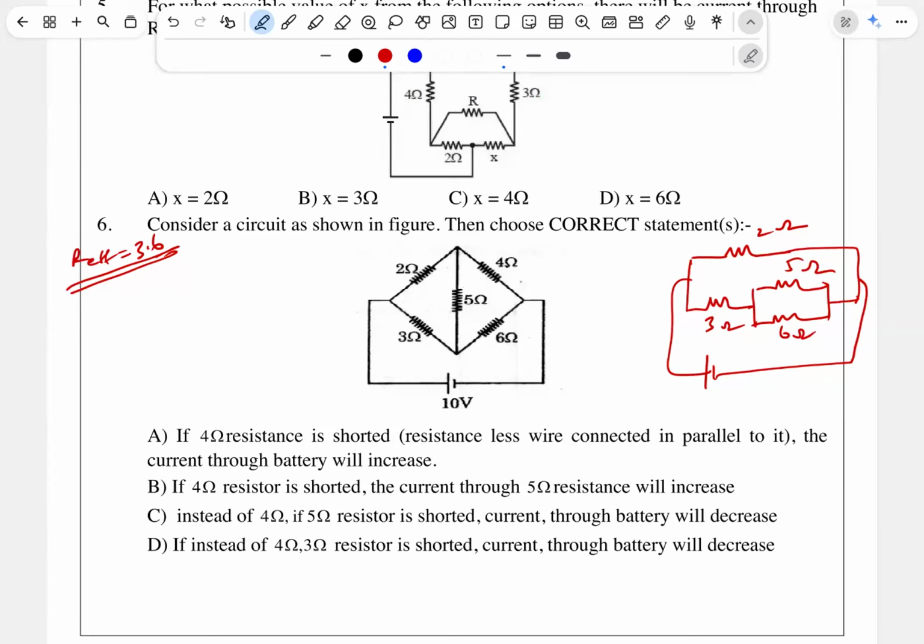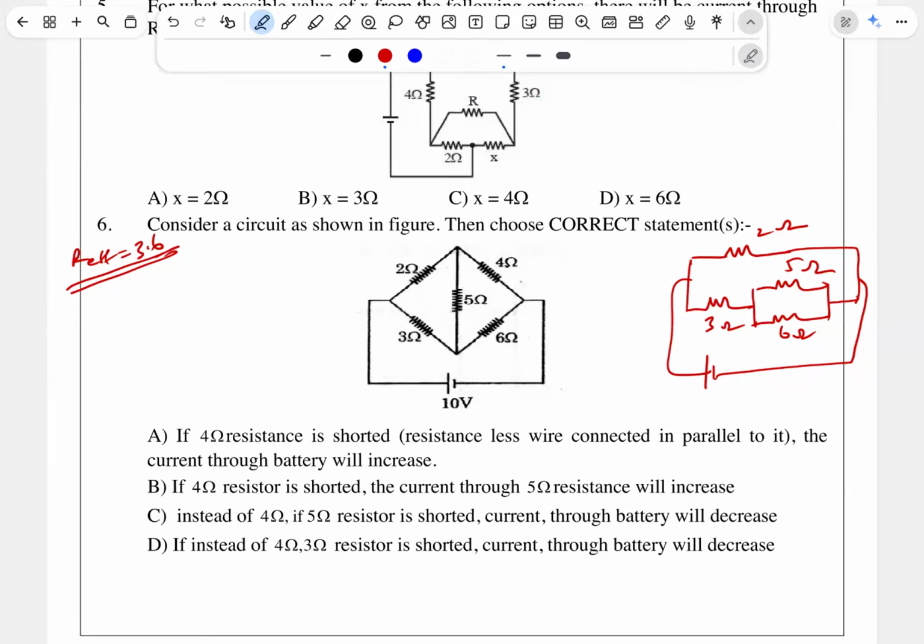Resistance reduced, so current will increase. Nothing difficult in this. Any doubts still? Only thing is you need to write the proper circuit and then start responding to the question. Any doubts?